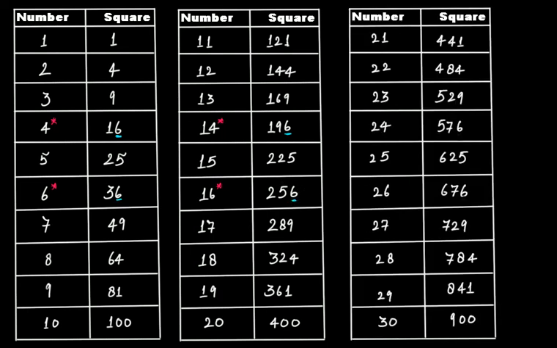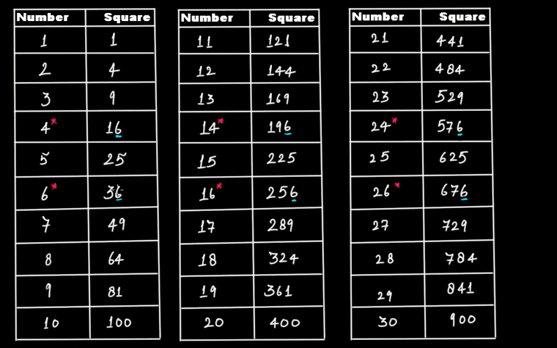Now look at another table, 24 and 26. At the units place you have 6, and at the units place in this perfect square also you have 6. That is, the number that either ends with 4 or 6 will have its perfect square ending with 6.